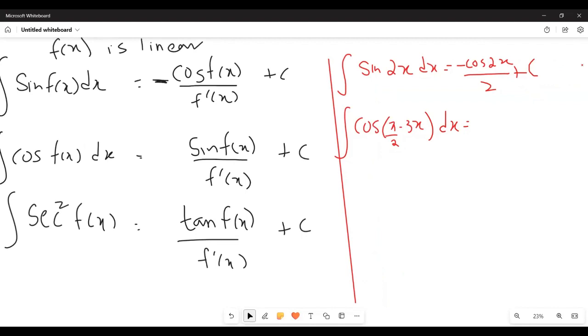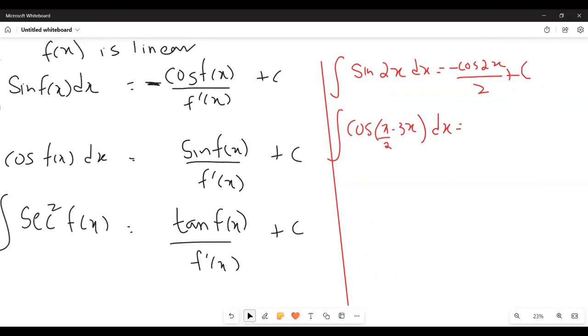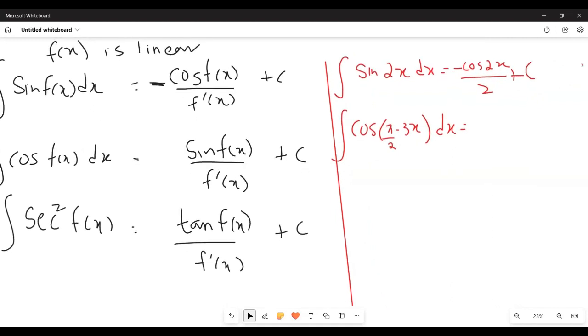Integration of cos fx is sin fx, so sin of pi upon 2 minus 3x upon the derivative of fx, which is minus 3, plus c.